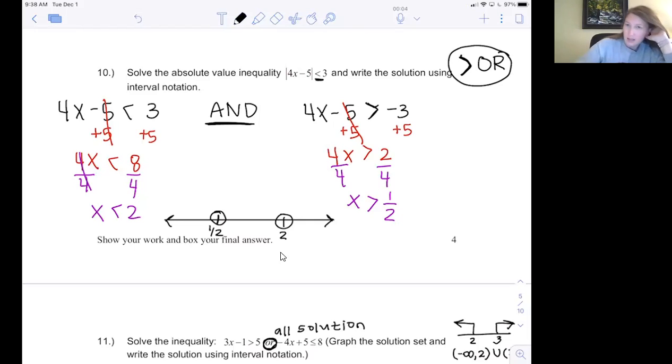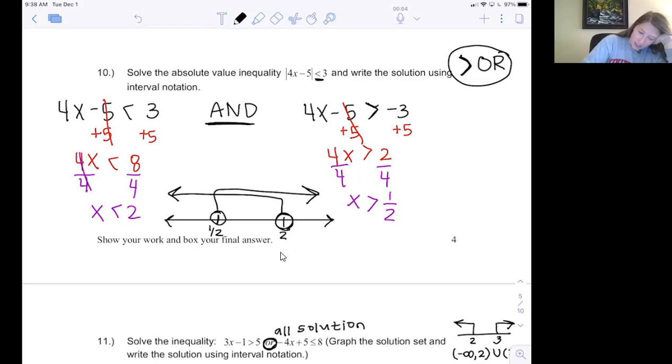Okay, so this isn't asking us to graph it, but I always graph these because it helps me see what the interval notation is going to be. Right here, they're both open circles. You just got to make sure the smaller number is on the left-hand side. This is a number line, so make sure it goes in order. Then the 2 is pointing this way, and the 1/2 is pointing this way.